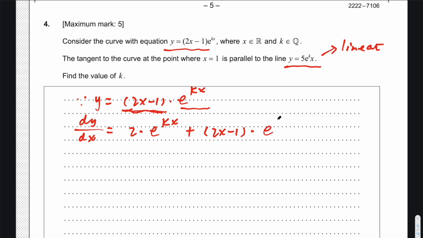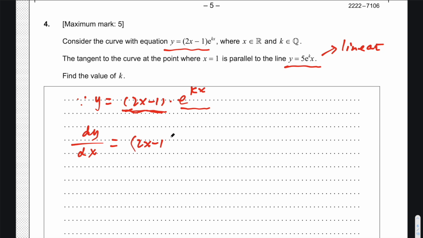Okay, let me write this again. I'm going to write this in detail. So dy over dx is equal to, by applying the chain rule, the prime of this times e to the power of this, then plus 2x minus 1 times the prime of e to the power of this.